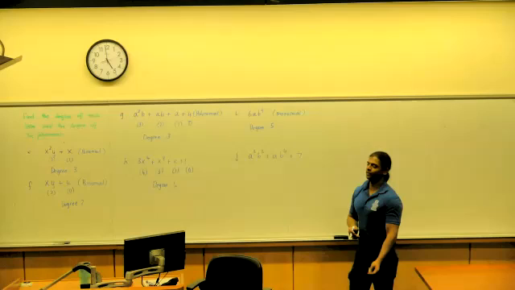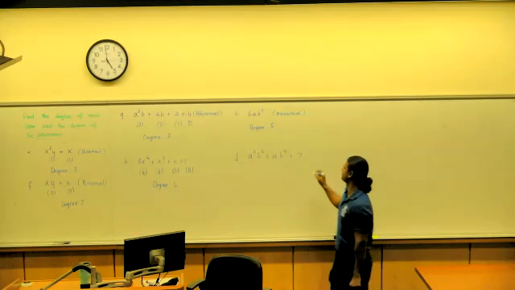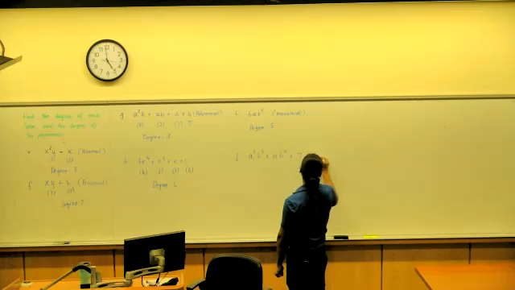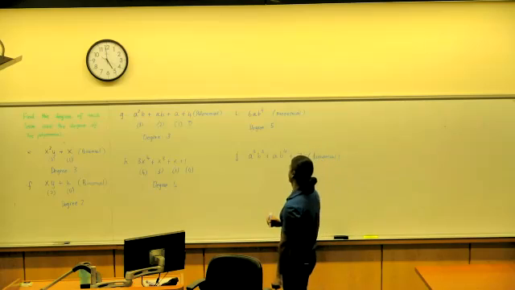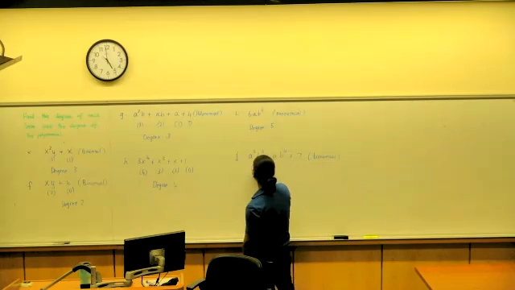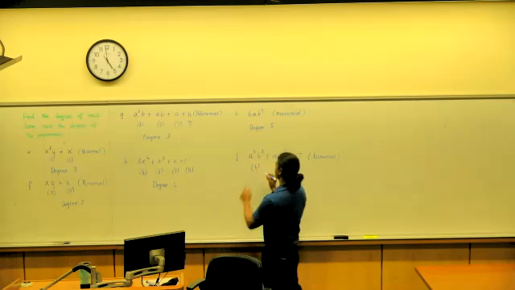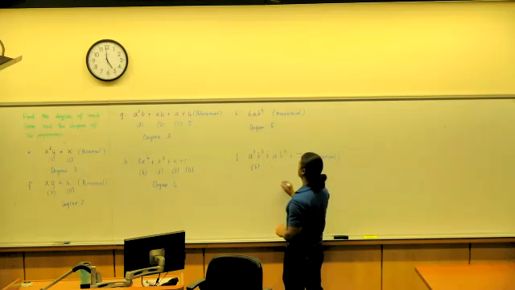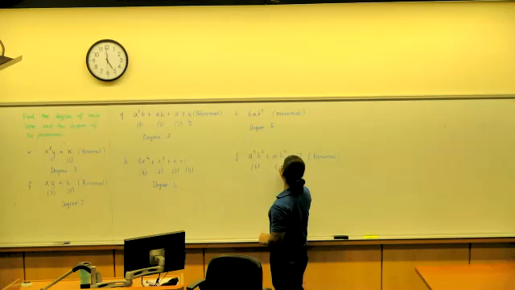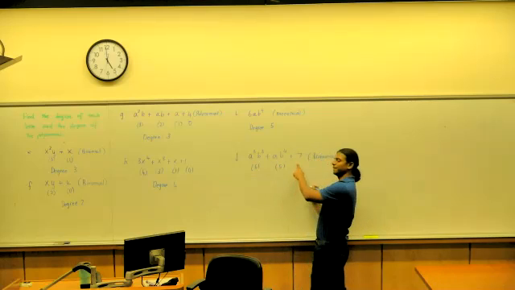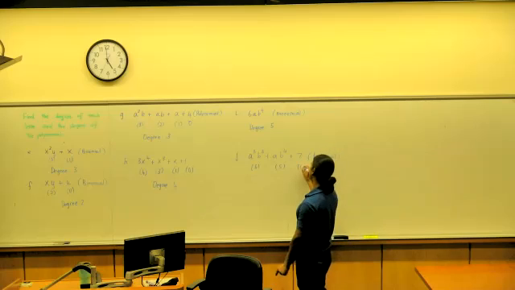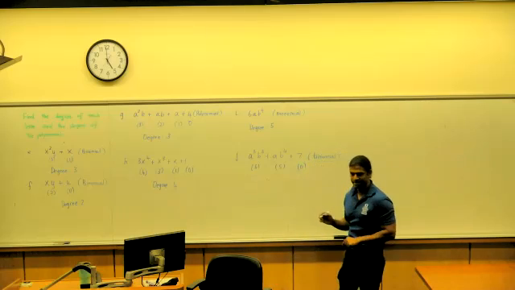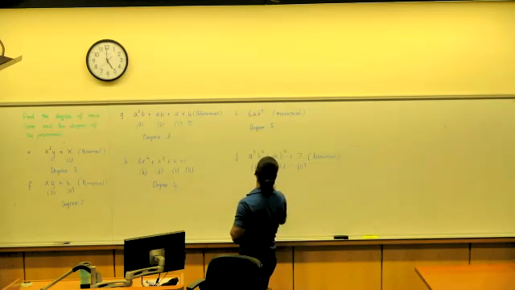Trinomial, binomial, polynomial. Degree of the first term, 6. 2 variables, so I'm going to add their powers. Degree of the second term, degree of the number 7, 0. Maximum of the 3, 6.